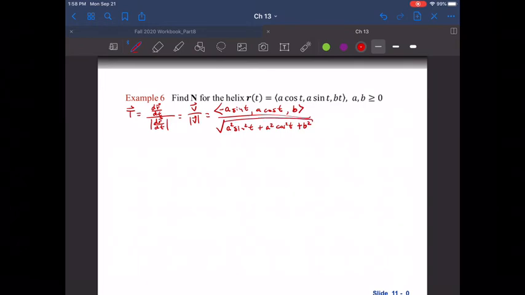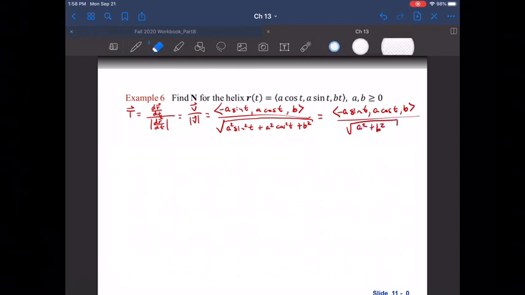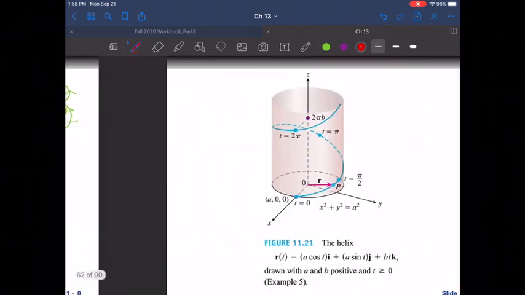Okay, and we can do some reducing on this. Sine squared and cosine squared are going to give us our 1 if we factor out the a. So we end up with negative a sine of t, a cosine t, b divided by the square root of a squared plus b squared. And so there's T.